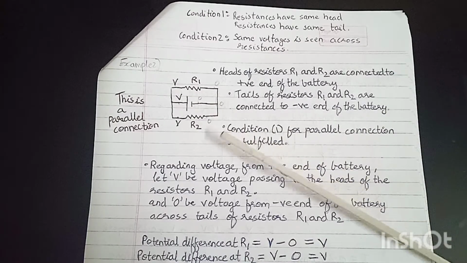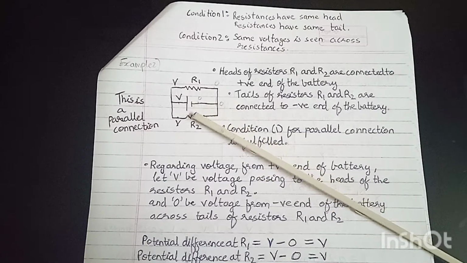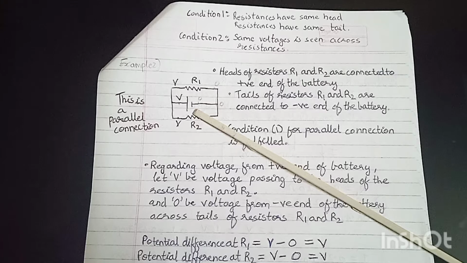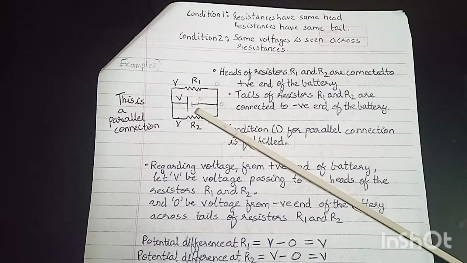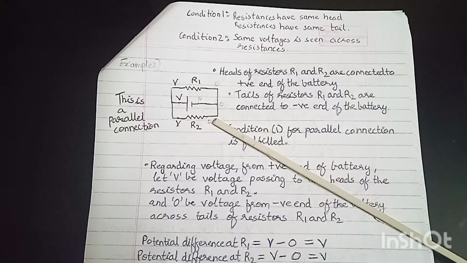There is a circuit diagram here, wherein you can see a voltage cell, represented by the positive and negative terminals. These two are resistances R1 and R2.